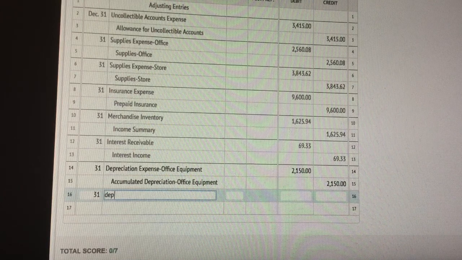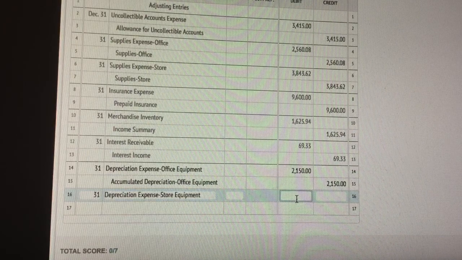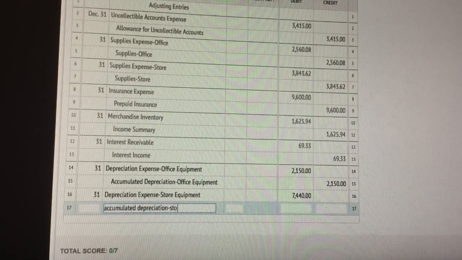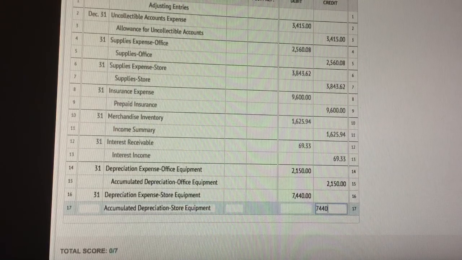So it's still depreciation expense, but this time it's store equipment, and this amount is much larger, 7440. And then the secondary account is going to be accumulated depreciation, and this one is still store equipment, and 7440. And that's lesson 15-3, guys.